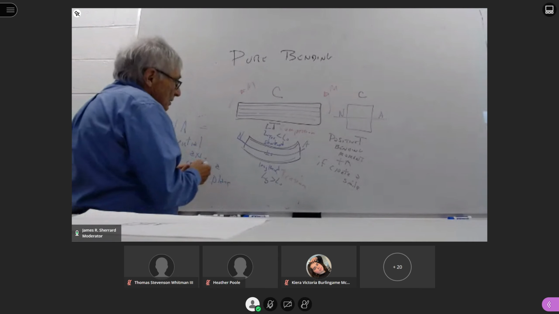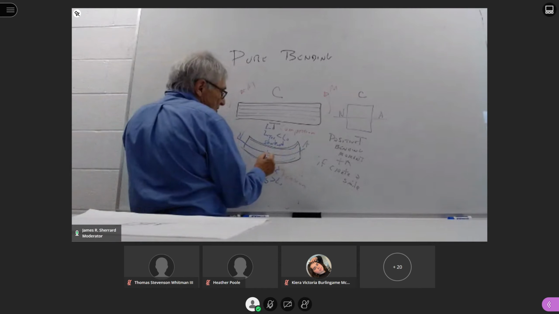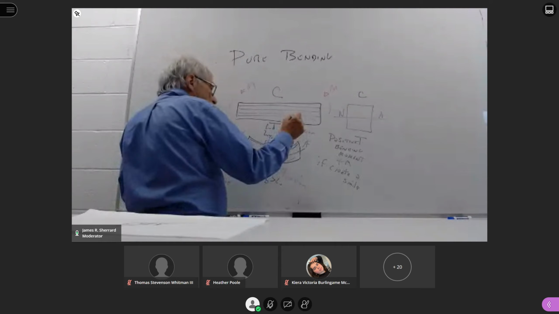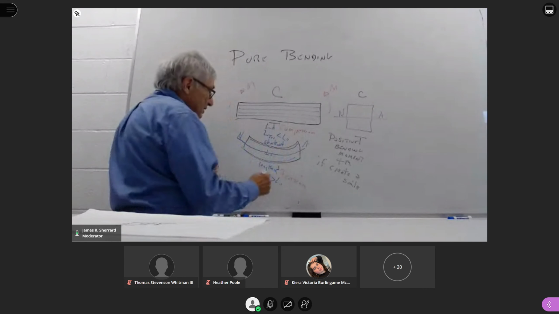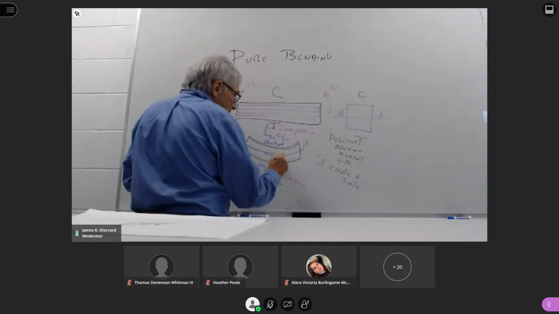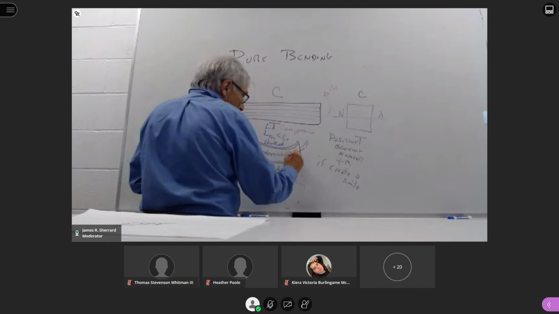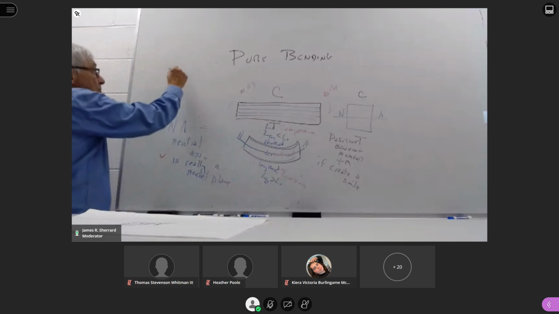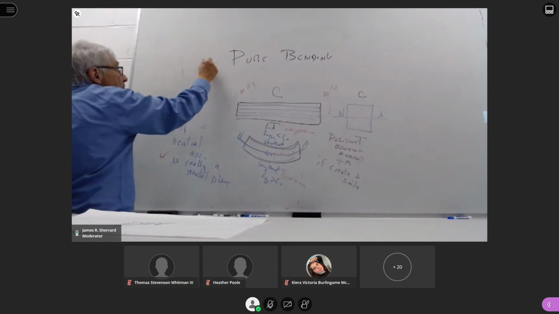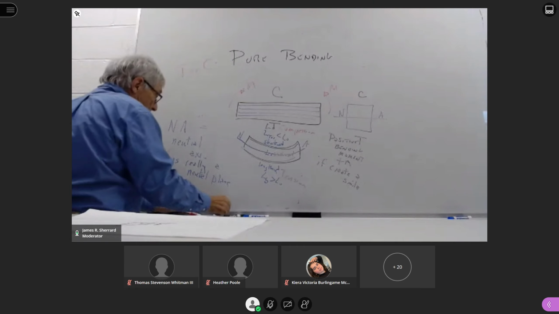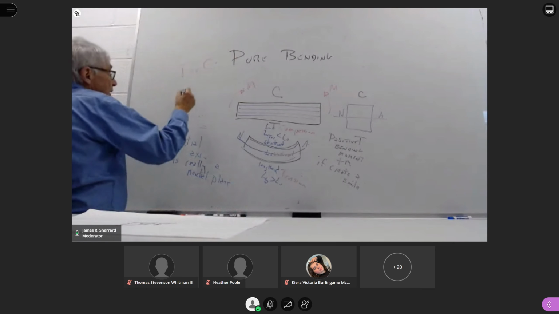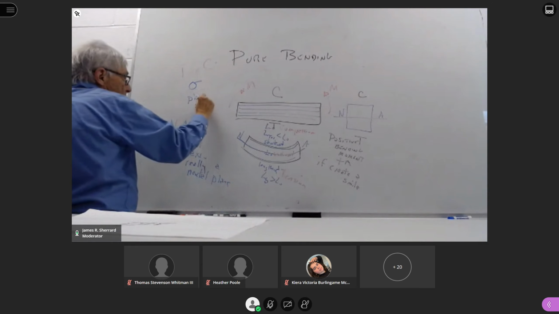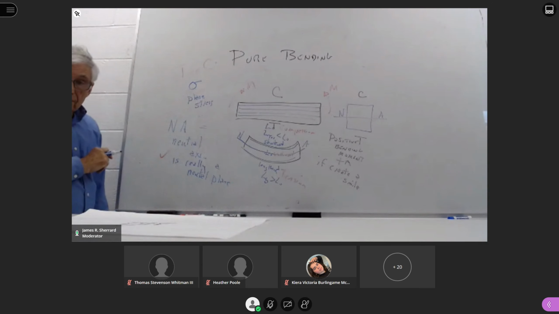And if this is the neutral axis where the length has not changed, then it's neither in compression or tension. So this is unstressed. Whenever we talk about tension or compression, we end up talking about plane stress.